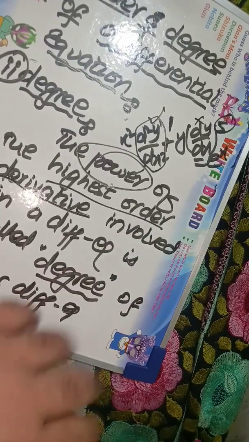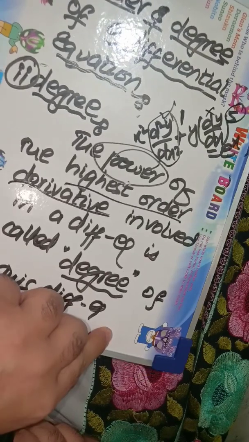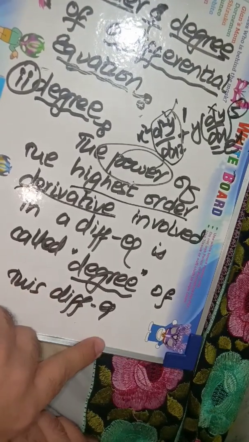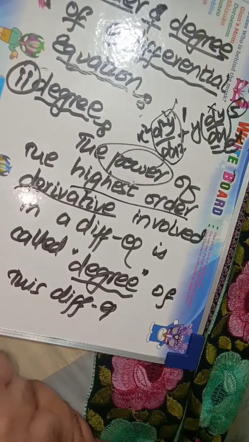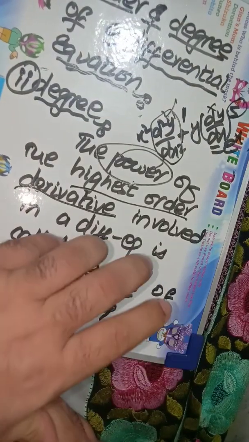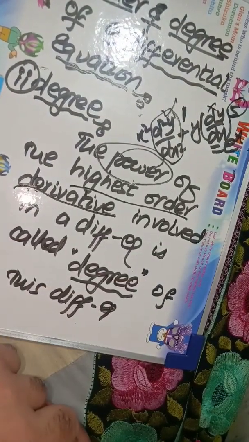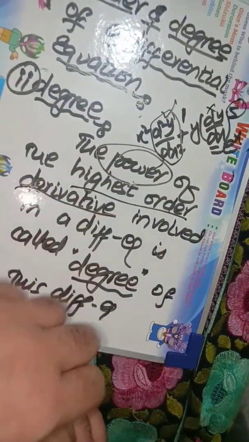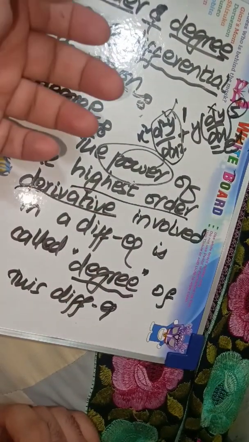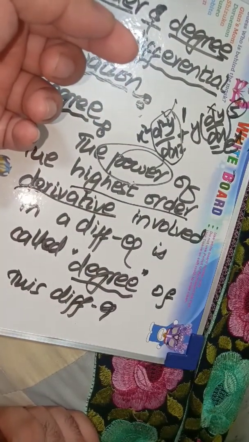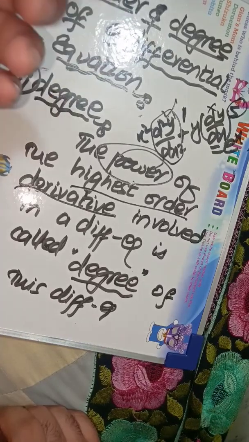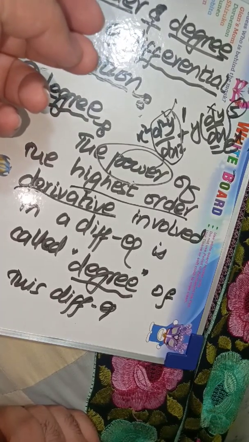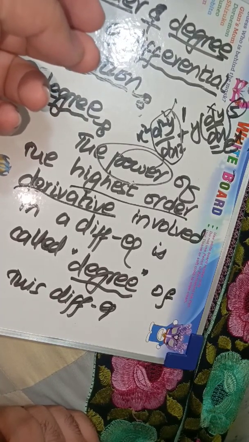So I think from this example and from this explanation you should understand what I want to convey to you about the definition of order and degree of a differential equation. So I must recall here what we have learned from this lecture. First of all, what is the definition of a differential equation? Second, what kinds of differential equations are there. There are two kinds of differential equation.